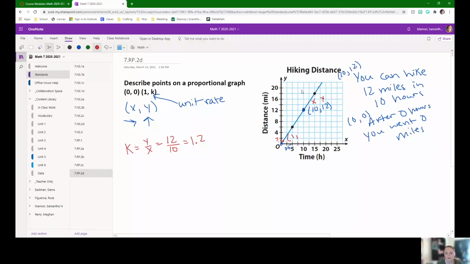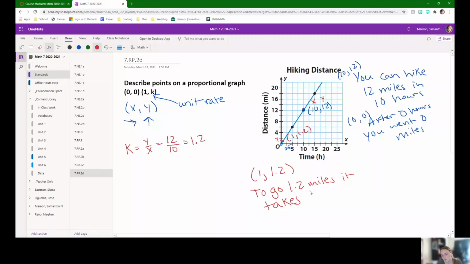And we can see, does that make sense looking at the graph? Well, I know it's less than 2, 1.2 is less than 2, that kind of makes sense. So if we were going to describe this point, we might want to say something about after 1 hour, they went 1.2 miles, or to go 1.2 miles, it takes 1 hour.